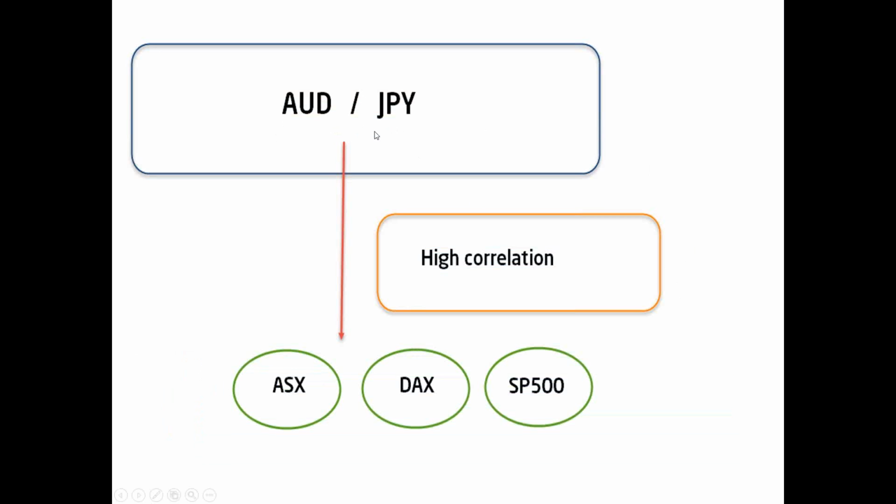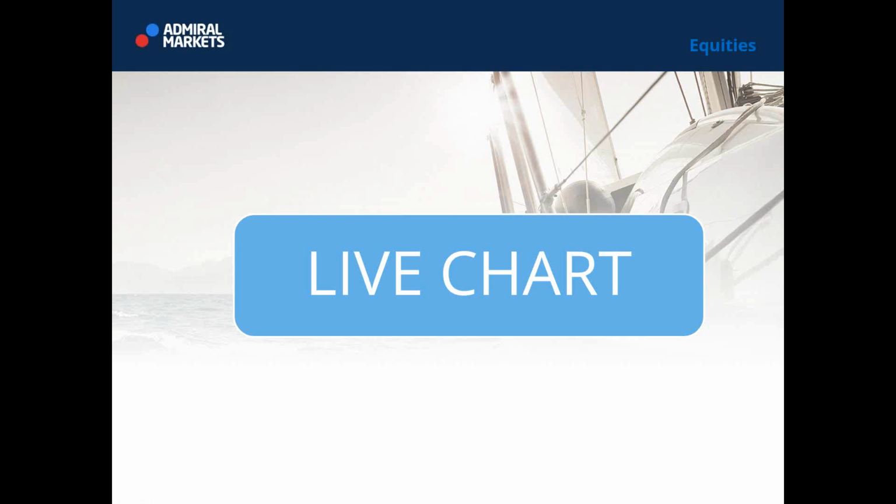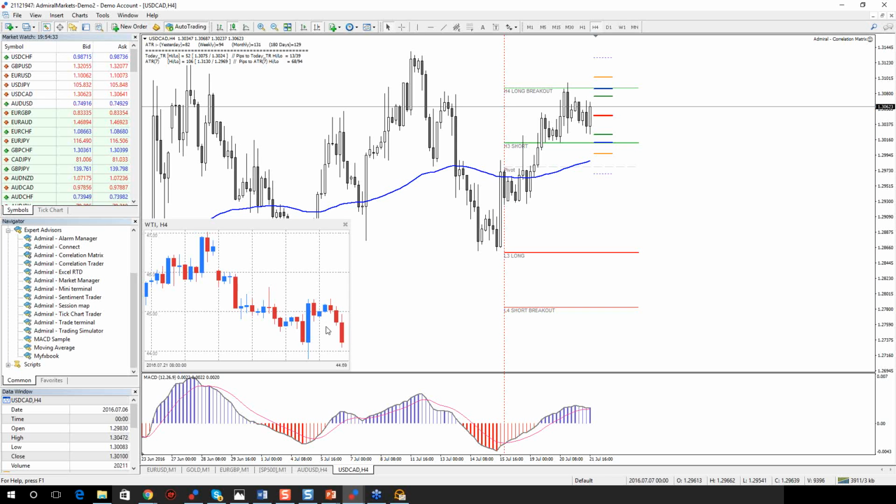Both Euro-yen and pound yen have a high correlation with ASX, DAX, SP 500 and Nikkei, guys. Okay? Now, why is that correlation? Of course, guys, that is because yen is also watched as a reserve currency.